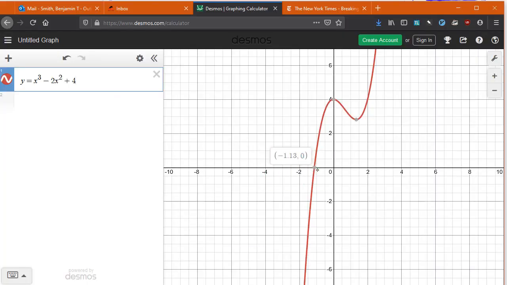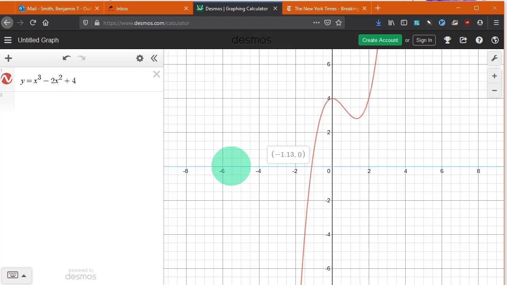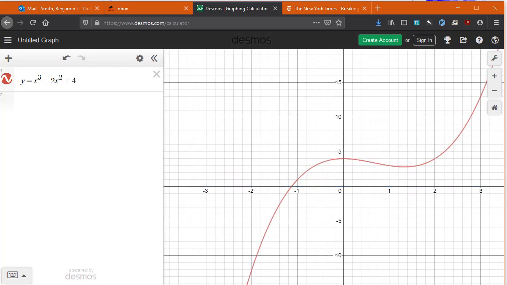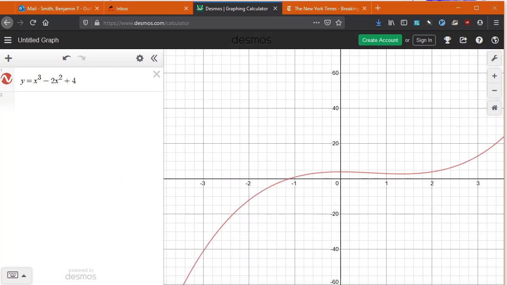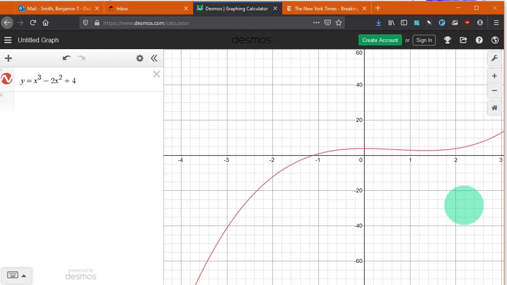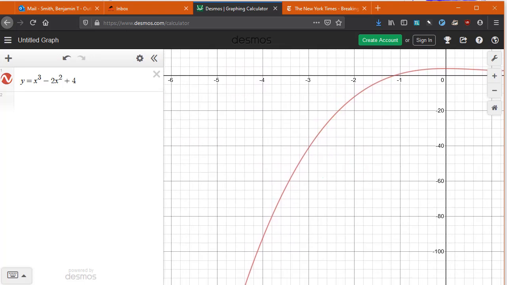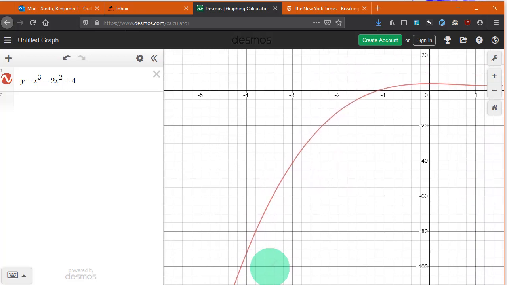So here's this graph on Desmos. If you take any value of x here, you can see we might need to zoom out a bit. Any value of x that you want is going to give you a value of y on this graph. So there's no x coordinates here that don't have a y coordinate associated with them. And the ones that you can't see here, like out at -4, well, you just need to mess around with the graph until you can see it.